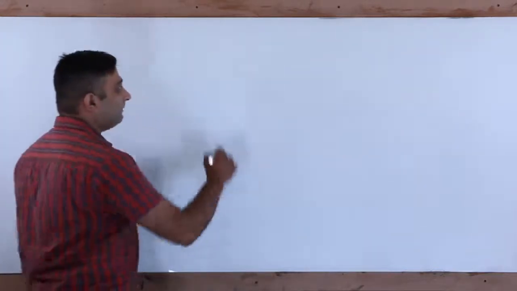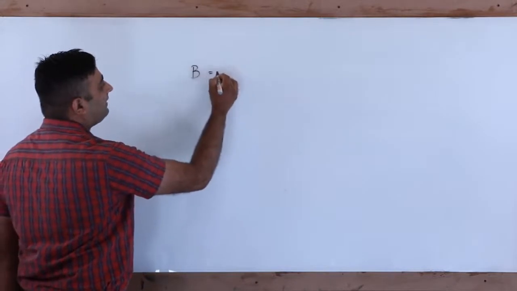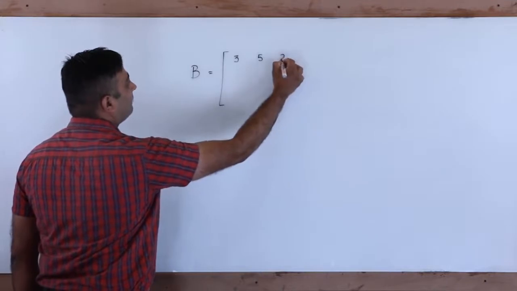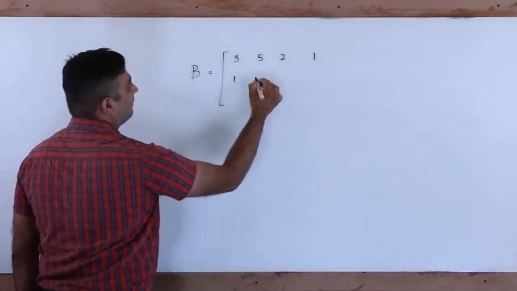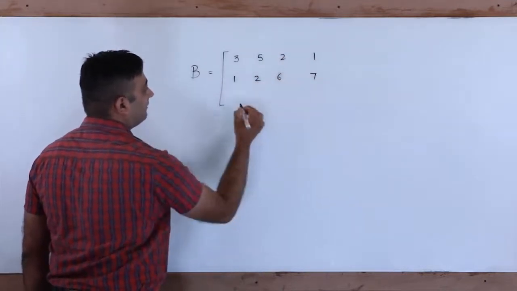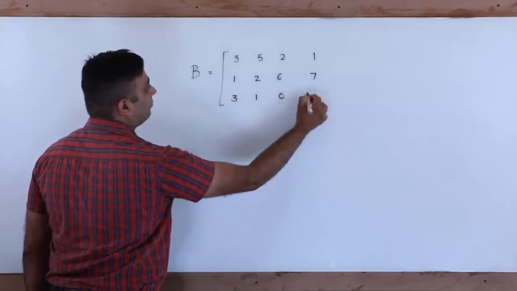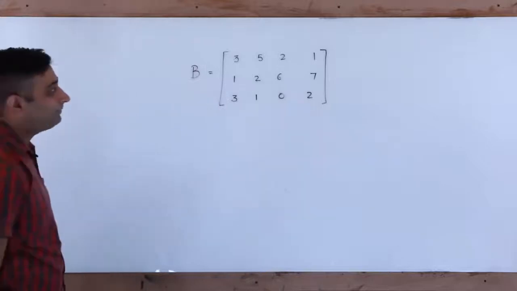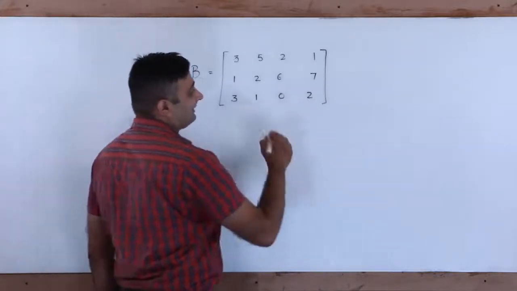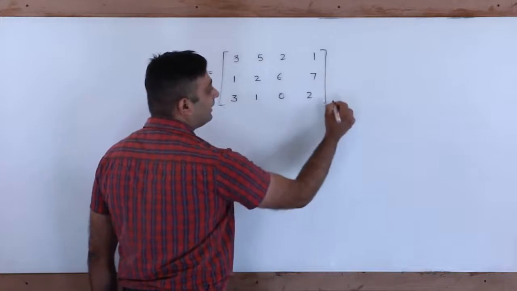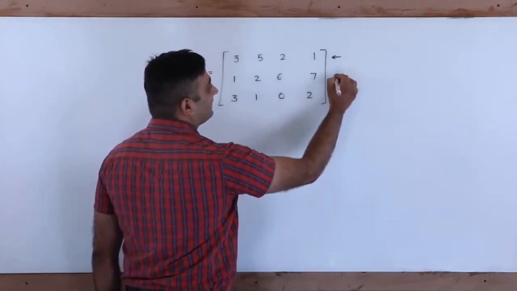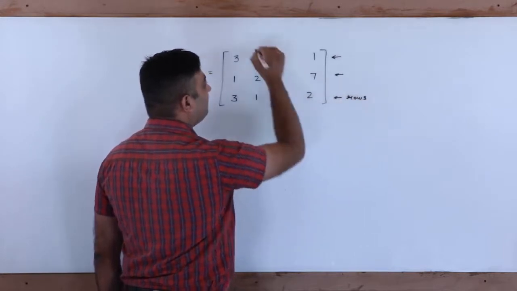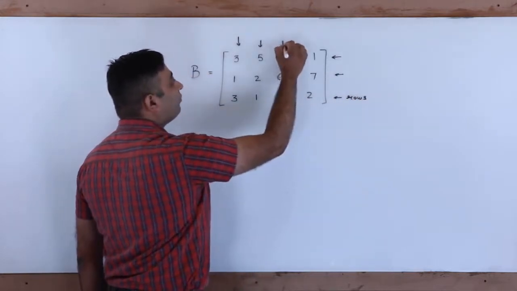Let us take another example. Let the matrix B have elements 3, 5, 2, 1, 1, 2, 6, 7, 3, 1, 0, 2. You can see this is a rectangular arrangement having three horizontal lines which represent rows. So we can see that the matrix B has 3 rows and there are 4 vertical lines.